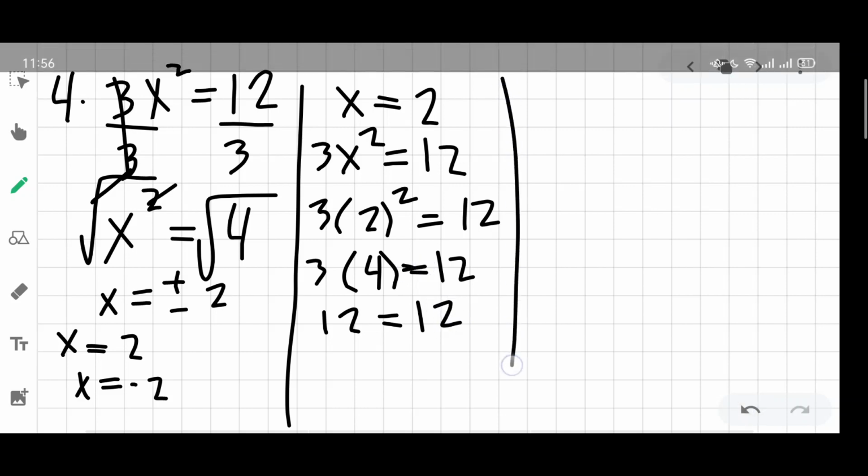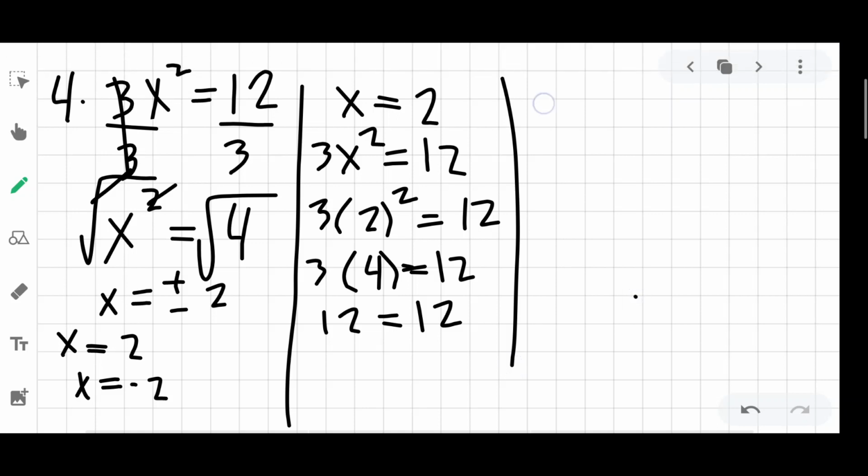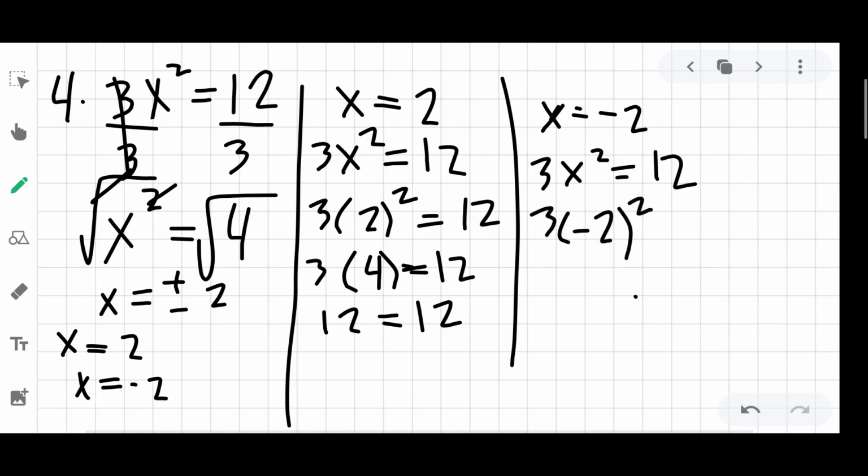So, check naman natin yung isa pang equation which is x equals negative 2. So, copy the original equation, 3x squared equals 12. So, palitan natin yung x ng negative 2. Ito yun. So, 3 times negative 2 squared equals 12.